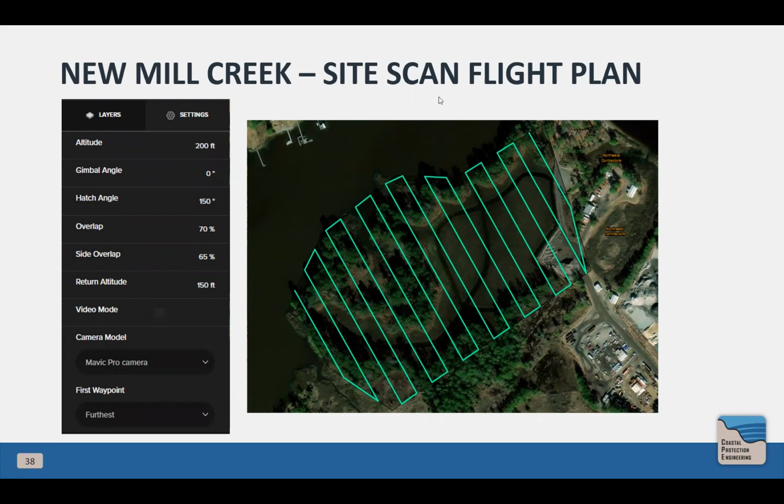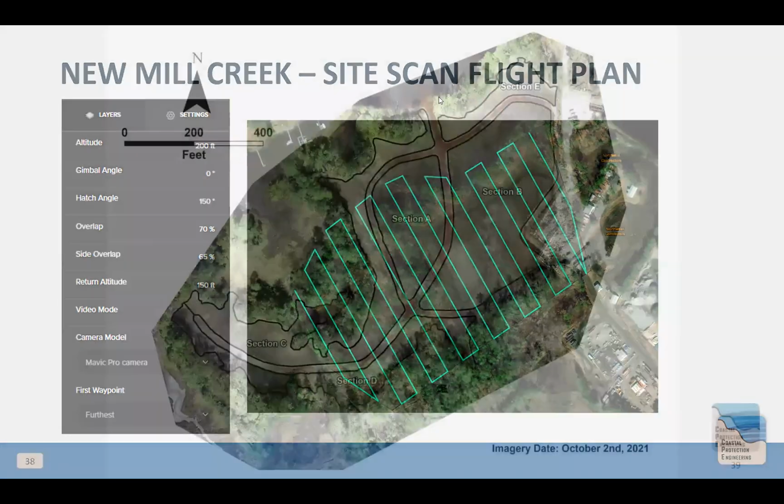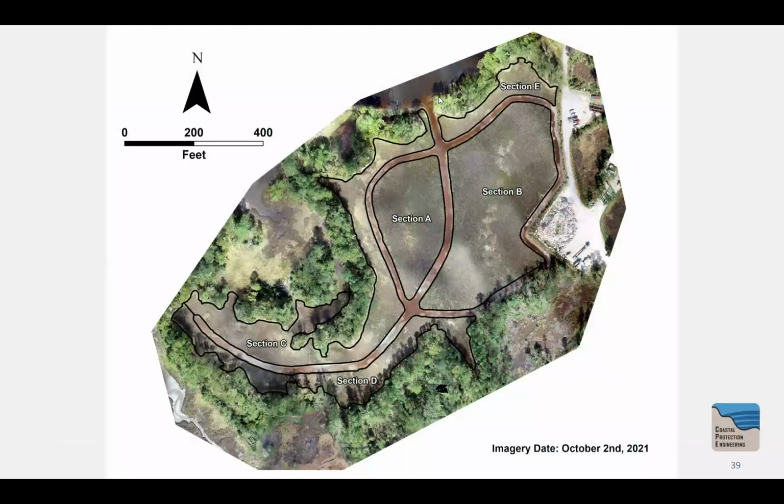Okay. Once it is flown, this was the result of the orthomosaic, and we broke it up into 5 different sections: sections A, B, C, D, and E. And now the question is, can we use some type of process to classify the vegetation versus the bare ground.